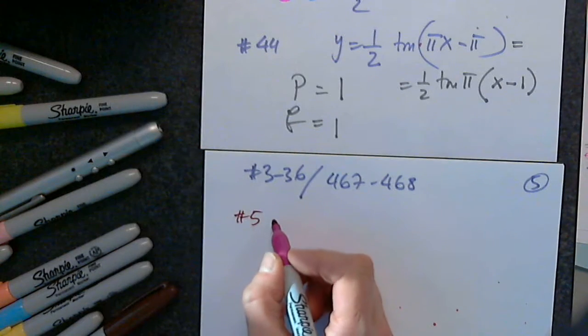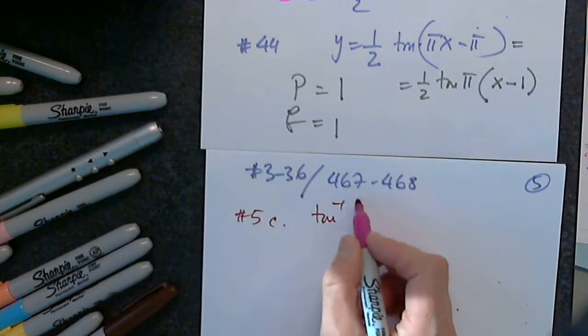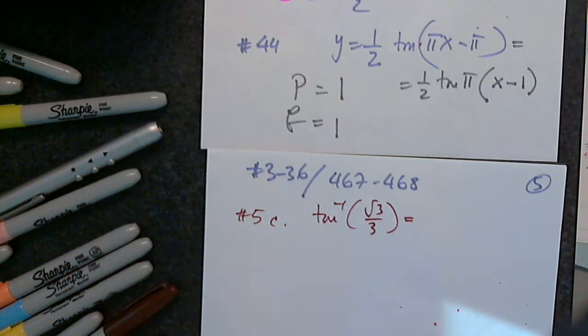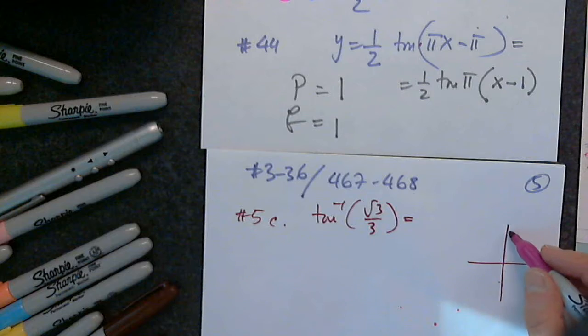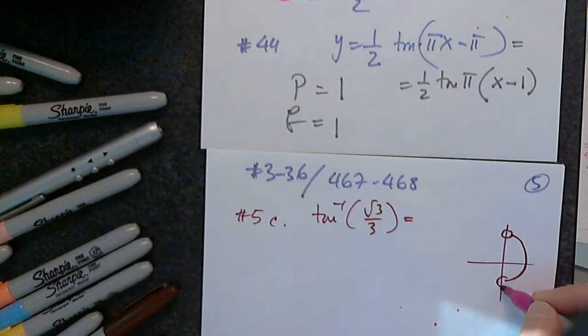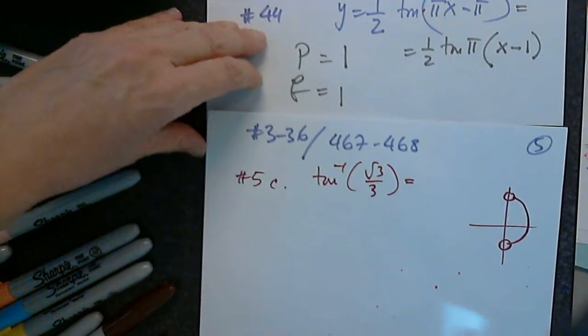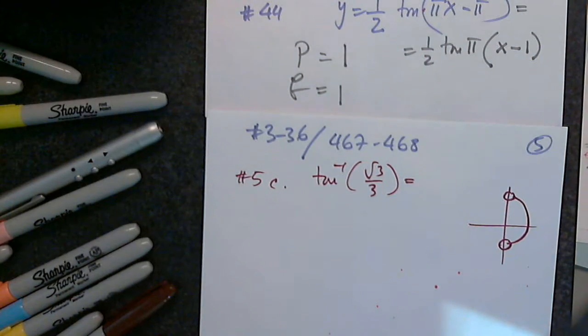So this is problem 5, part C, tangent inverse of the square root of 3 over 3. Remember, with tangent, we are looking here. I'm looking at the square root of 3 over 3, and here's how I think. My professor specifically told me not to memorize tangent.